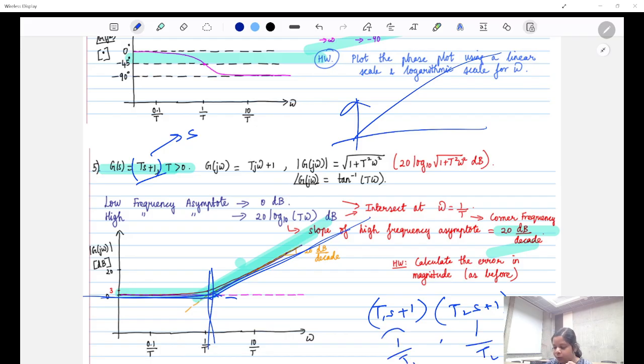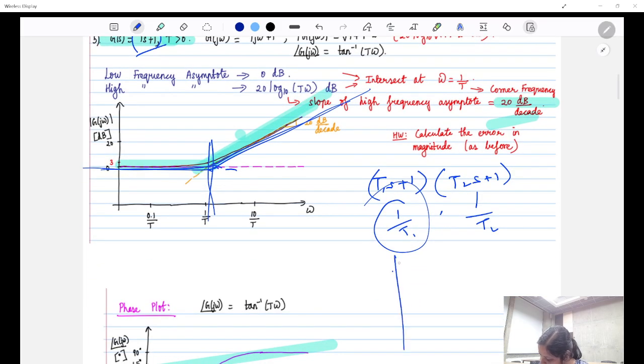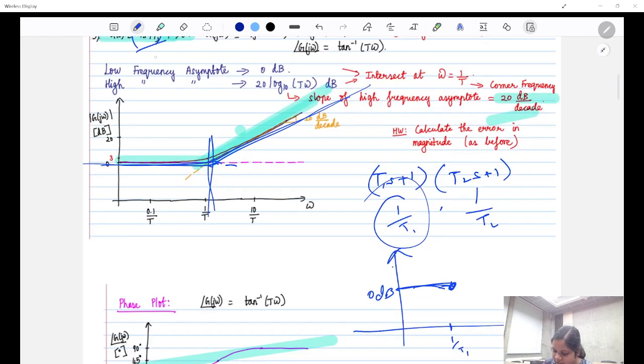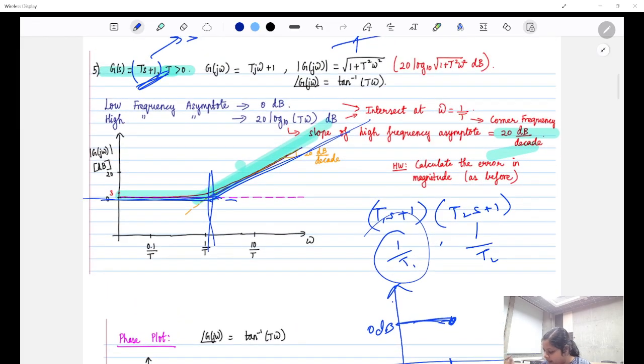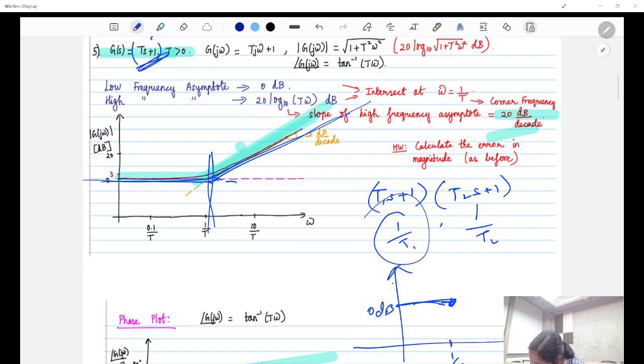So when you get a corner frequency of 1 upon T1, you have a plus 20 dB per decade increase. So if I plot it, for example, this is 1 upon T1 and this is 1 upon T2. Before any corner frequency, you will have 0 dB here, right? Once you encounter this first term, which is a zero over here, the nature would be an increment of plus 20 dB per decade.